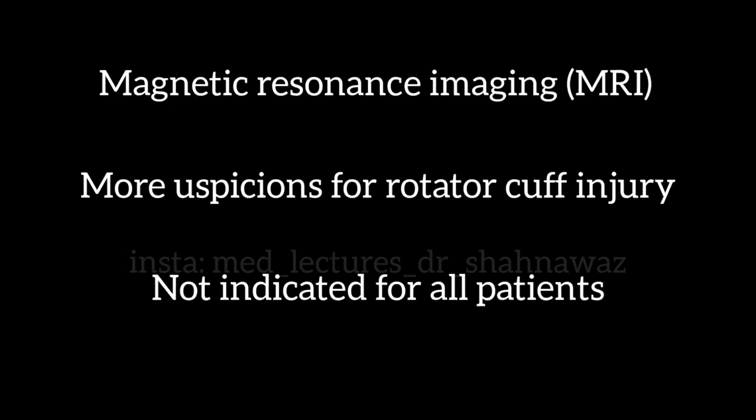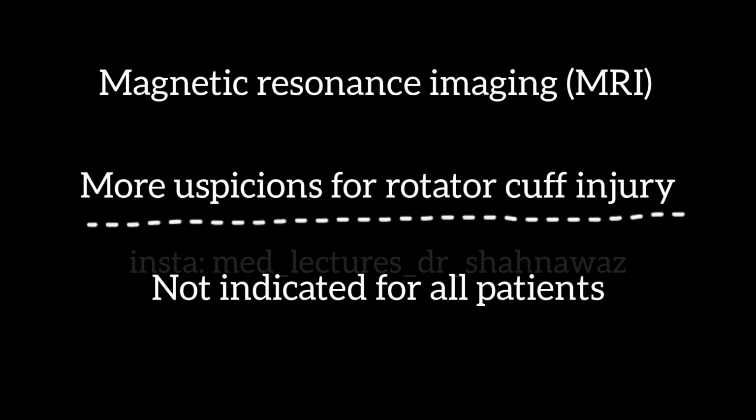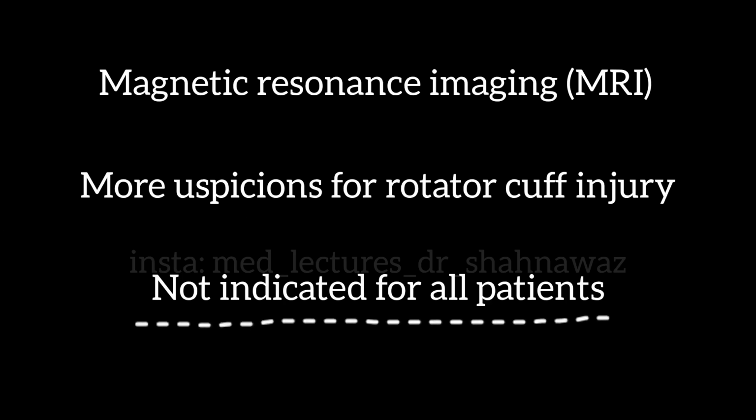The next step is MRI, which is indicated if the radiography is normal but there is more suspicion for rotator cuff injury. MRI is not indicated for all patients; it is the most accurate test, but we should avoid it as the initial imaging study for diagnosing rotator cuff injury.